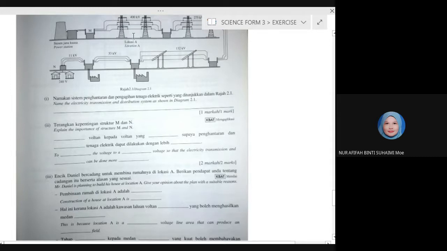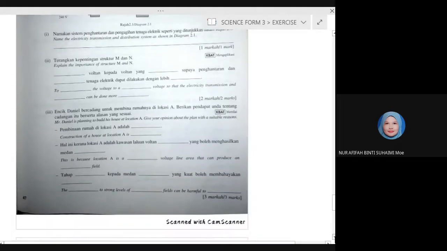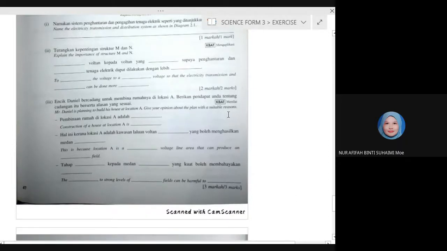By the diagram, location A, the national grid network between the pylon. So this one is band 6 lah. You must evaluate. Construction of a house at location A, is it good? Baik ke? Boleh ke buat tengah-tengah pylon tu?